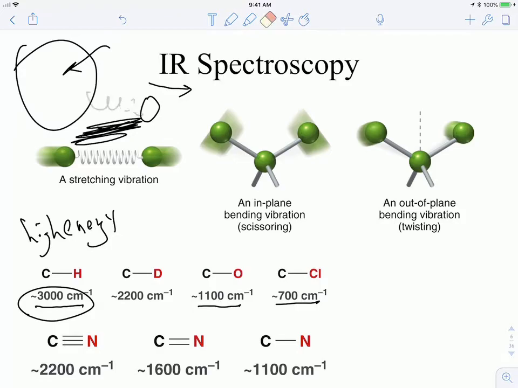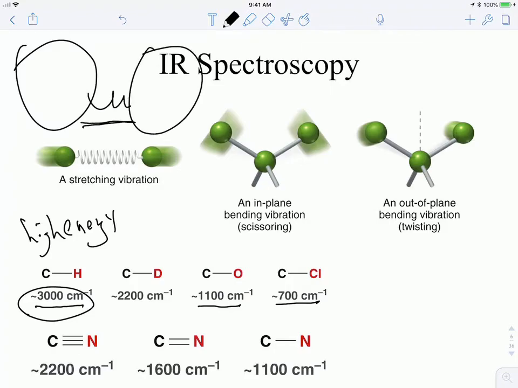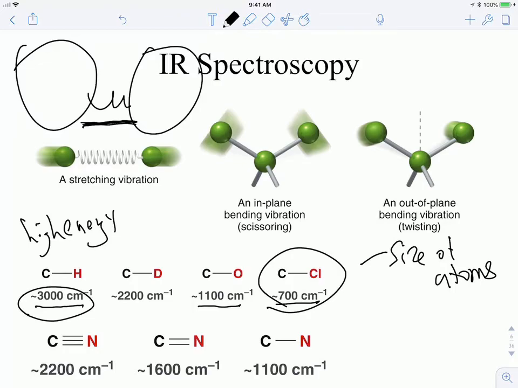Whereas, let's imagine that we had two big atoms attached to each other. Well, now what's going to happen is they're going to vibrate really slowly. So that's this situation over here. So when you're comparing different kinds of single bonds, the thing you want to think about is the size of the atoms. Smaller atoms, or at least one of them being smaller, is going to cause a faster vibration. The other thing you can think about in IR spectroscopy is the strength of the spring connecting those atoms, and that has to do with the type of bond.